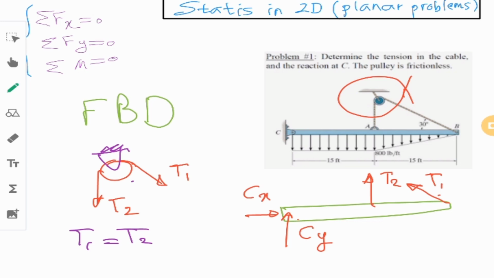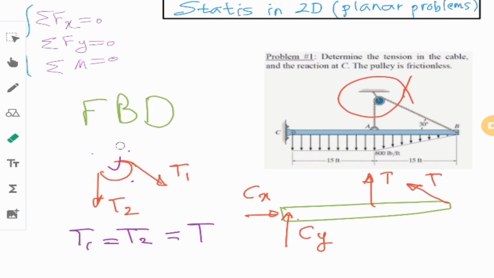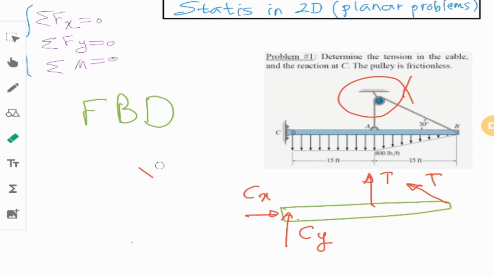This equation is helping me to reduce the number of unknowns. Actually, I put these two values equal to T, and here I would have only one unknown, named T. Okay, I erase some part of this page to provide enough space for myself, and continue to show you what would be the approach here.